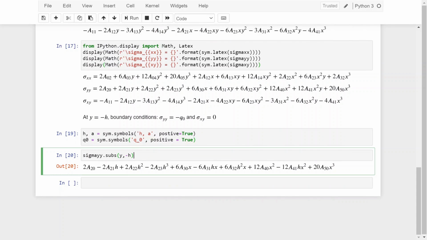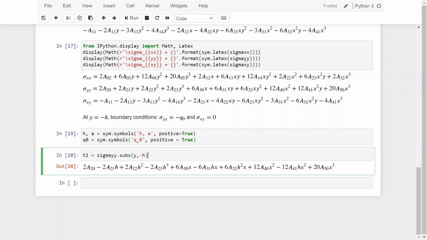Now this is only the expression of sigma yy where we have substituted y equal to minus h, but we need to set this up as boundary conditions. Since this is an expression, we don't want to keep on writing sigma yy dot subs y comma minus h. We'll call this particular expression e1.